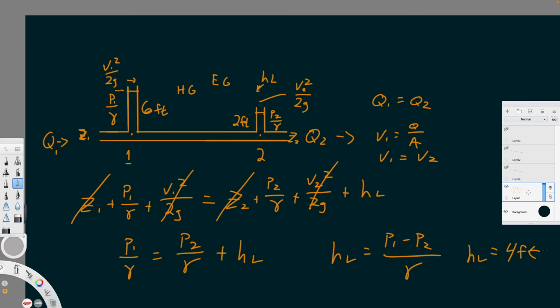But again, in summary, the thing that you just have to be able to do is look at a lot of different examples. We're going to make more videos with different conditions. But you need to be able to say, well, we don't care about the elevation in this case, we don't care about the velocity, and now head loss is just equal to this change in pressure. Okay, as an example in this case.